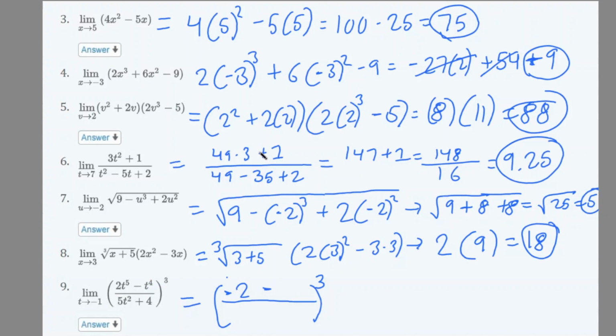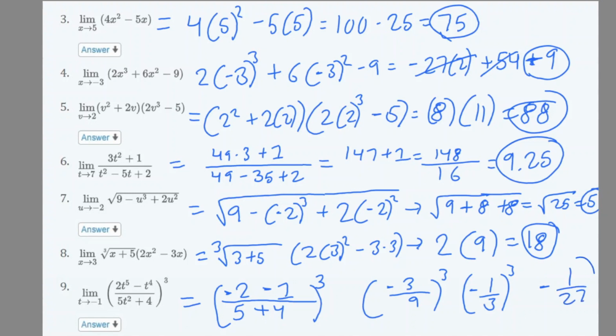That just gives us 1, so -1. And then on the bottom we would have -1 squared is 1, times 5 is 5, and then plus 4. So we would be left with -3 over 9 to the power of 3, which can also be written as 1/3 to the power of 3, which is just 1/3 times itself 3 times, which gives us 1 over 27 as our final answer.